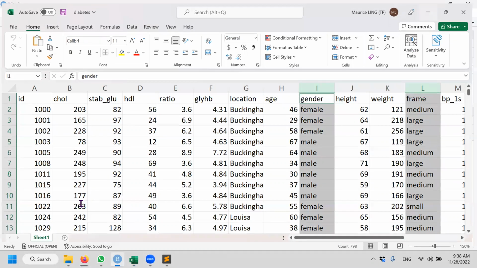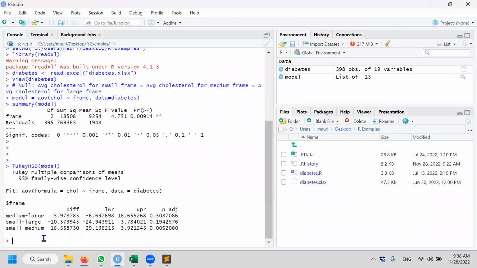Okay, so we are looking at the null hypothesis that the average cholesterol level is not significantly different by both body frame.